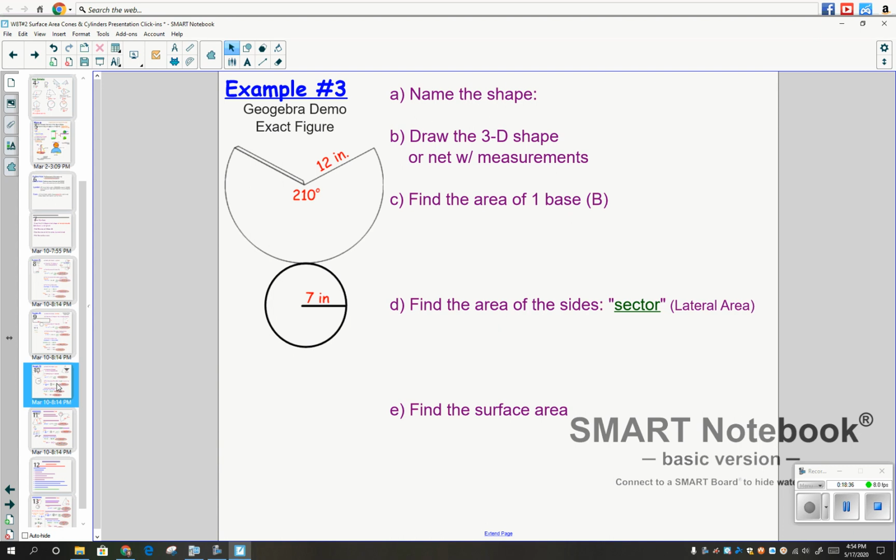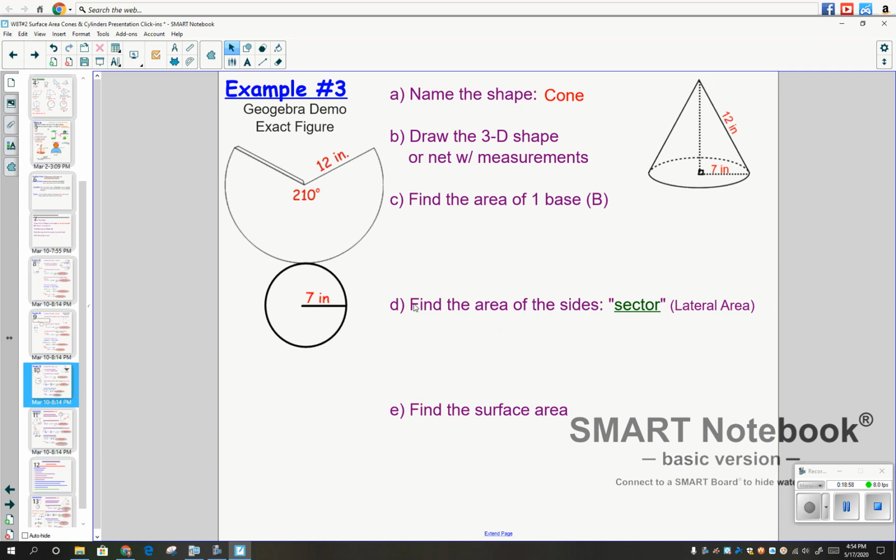Looking at example number 3. How many circles are there? 1 complete circle and 1 partial circle. That tells me this shape is what? A cone. And if I draw the 3D shape, I've got a circle with a point, connect the points.